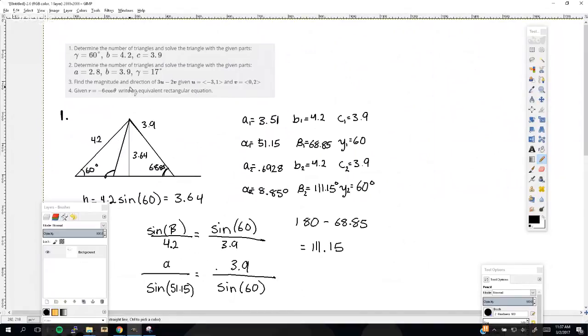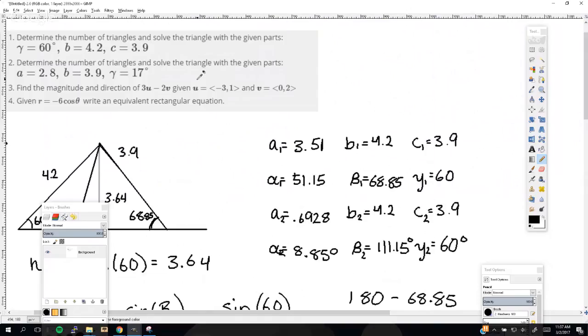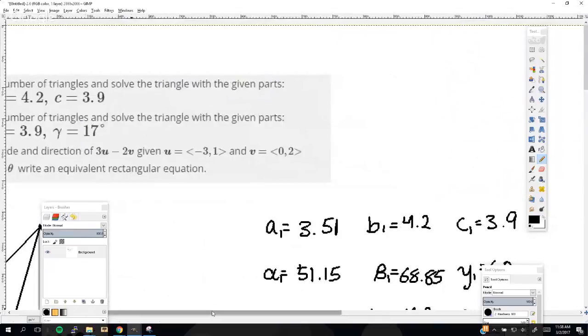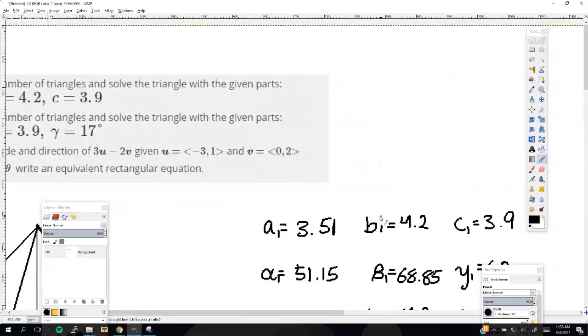Find the magnitude and direction of 3u minus 2b given 2p. So I'm guessing first we'll have to plug them in, do you think? Yeah. So u becomes, if we times both sides by 3, negative 3.